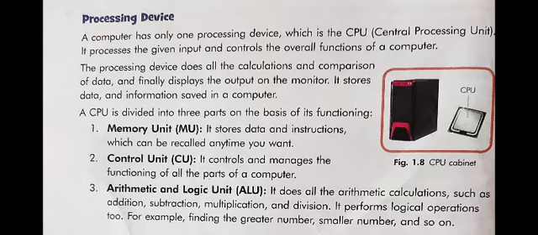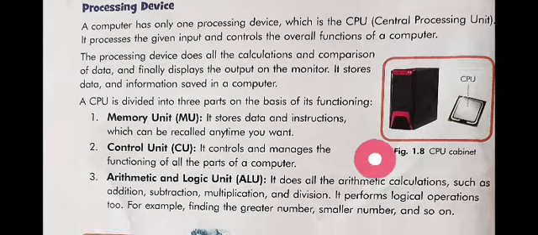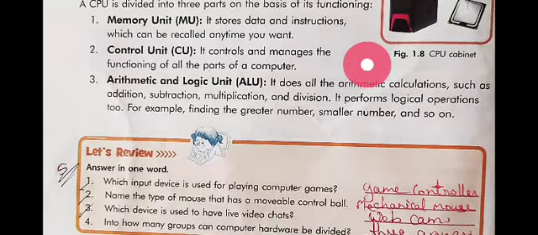A CPU is divided into three parts. First one is memory unit, then control unit, then arithmetic and logic unit.